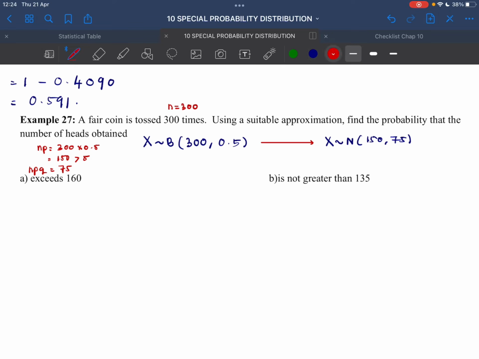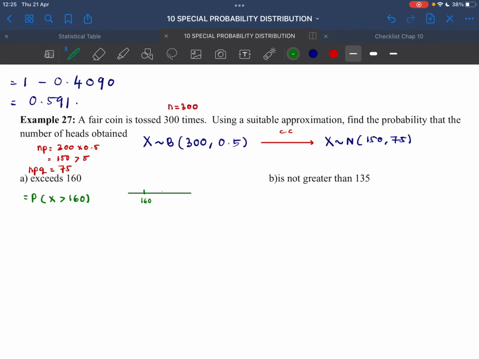Okay, so you know that every time you change from discrete to continuous, or binomial to normal, you have to do CC. So the first step is CC. The question asks about P(X exceeds 160), so we have to find P(X greater than 160). We draw the number line, greater than 160. 160 is not included.